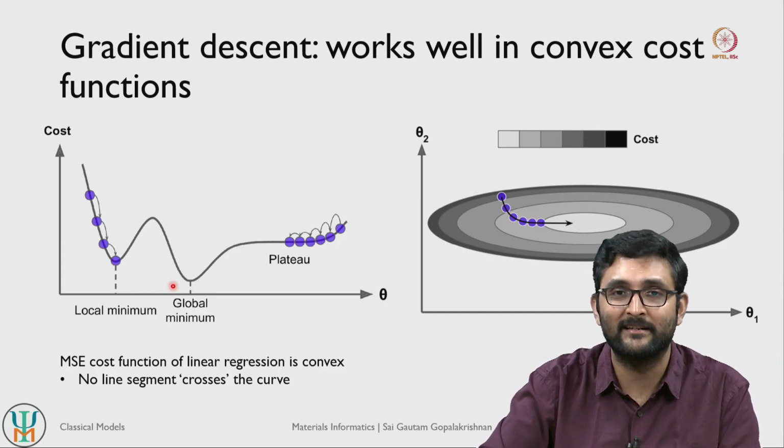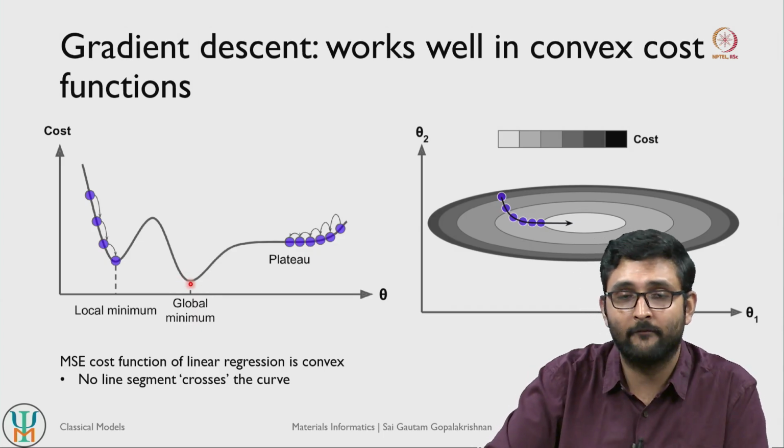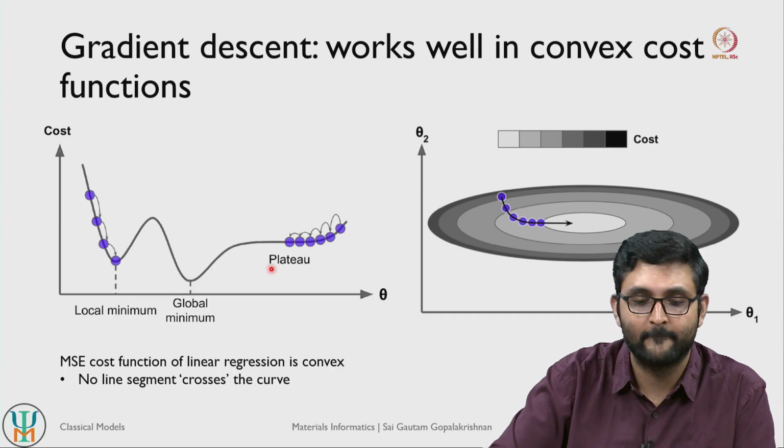The most optimal solution is here. So if you start from here, your gradient descent can go down your error function, but it may get stuck in this local minimum and may never be able to find the global minimum, which is actually a better set of weights and biases that you should get for your model.